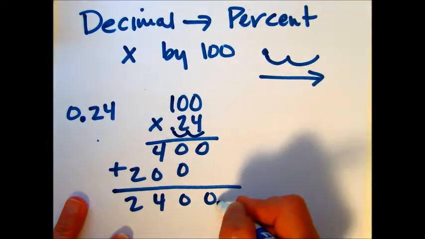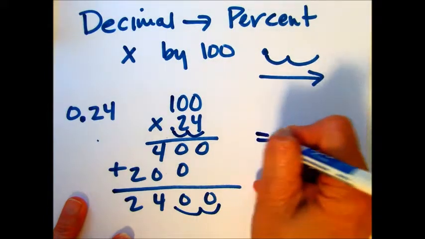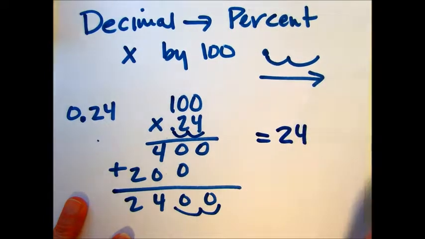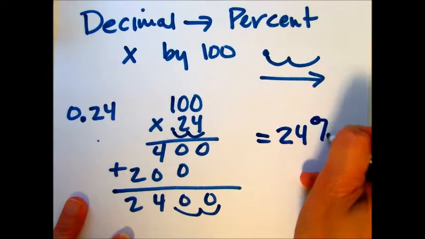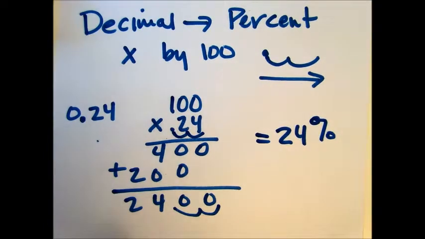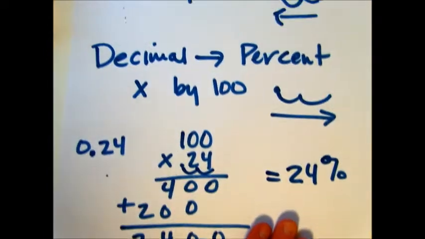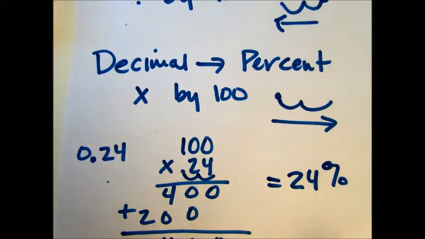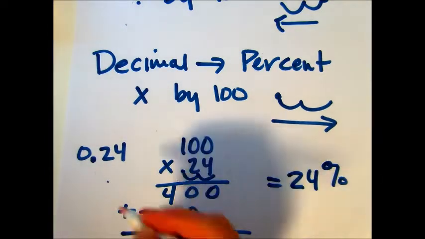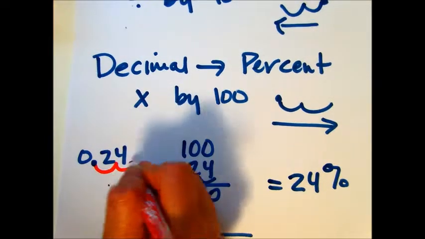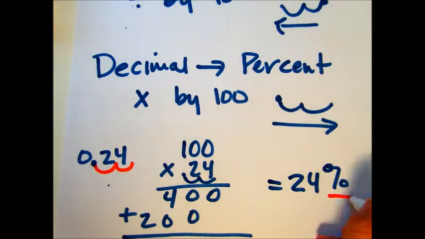So we need to go in, and so that's going to be equal to 24. And then we'll go ahead and add the percent symbol. Now that's kind of the long way to go about it. But basically, we could do a shortcut. Like the last time, we moved to the left, but this time we're going to move to the right because we're multiplying by 100. So we're going to go to the right 2 places and then add that percent symbol.